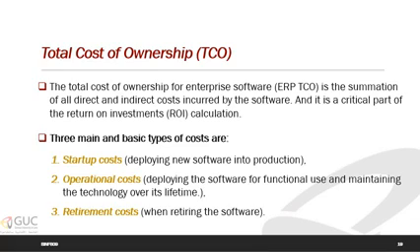Three main or basic types of costs are the startup cost of deploying new software into production, operational costs of deploying the software for functional use and maintaining the technology over its lifetime, and finally, the retirement cost when retiring the software.